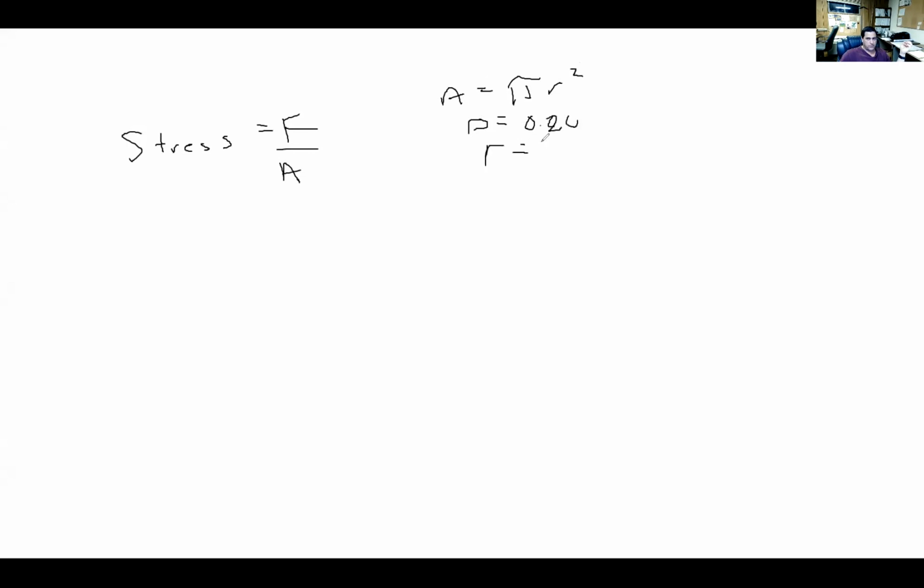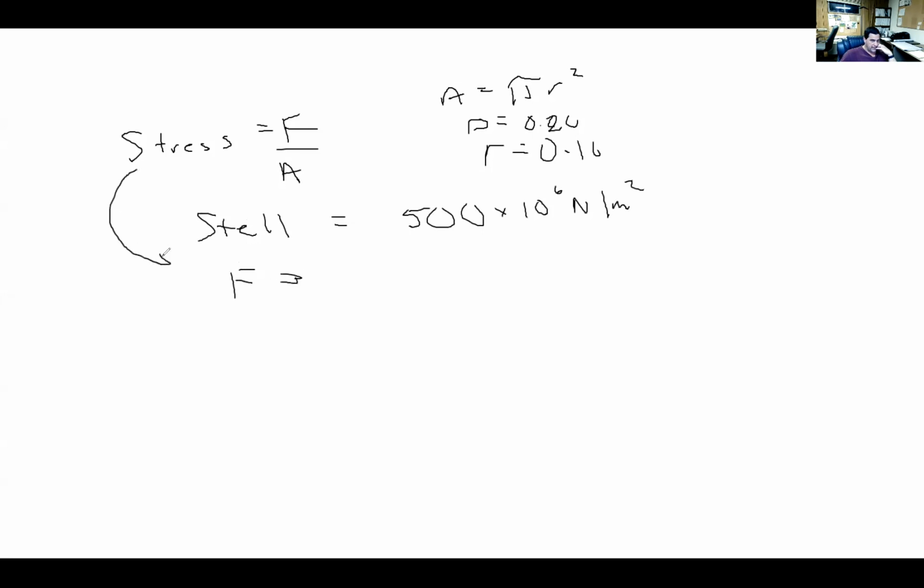So the radius is 0.1. Okay. And from the previous table, steel fractures in tension at 500 times 10 to the 6th Newton per meter squared.